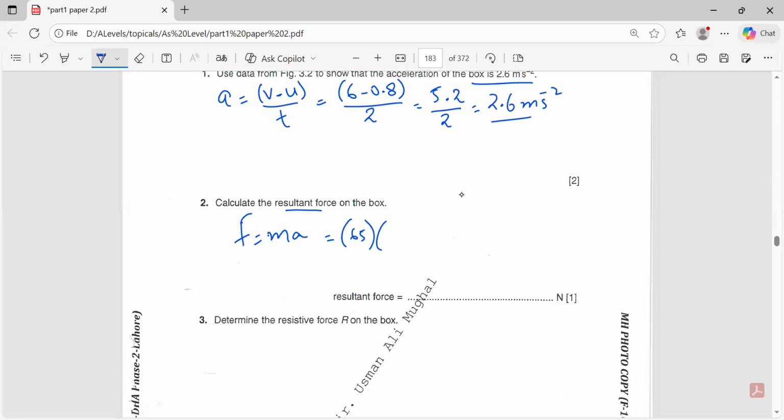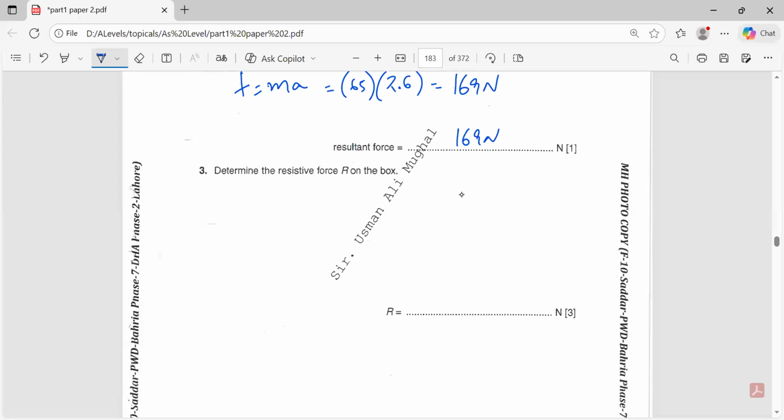And the acceleration is 2.6. So we will multiply 2.6 with 65. So our force will be equivalent to 169 newtons. So this resultant force will be equal to 169 newtons.